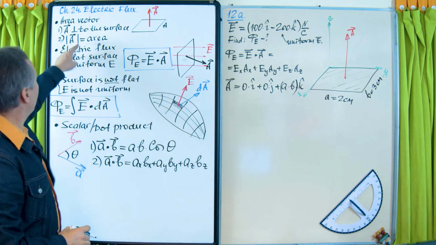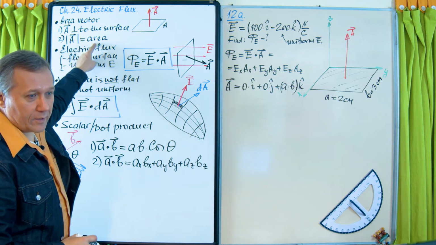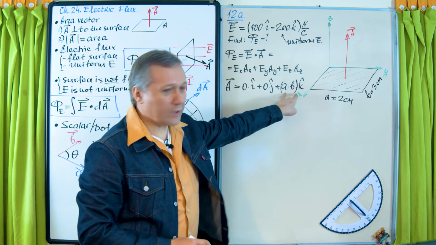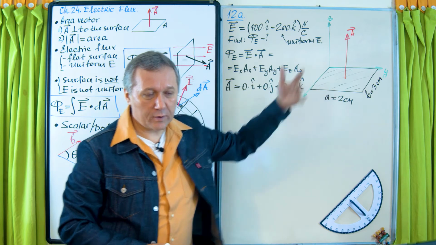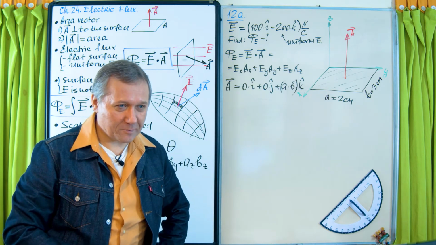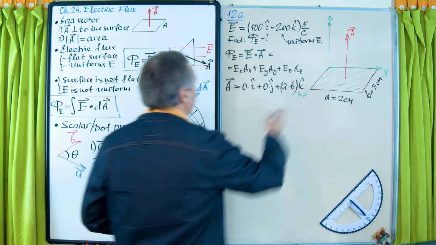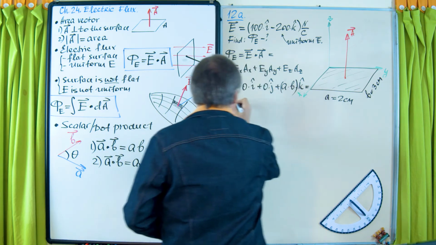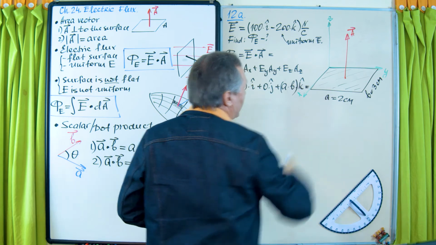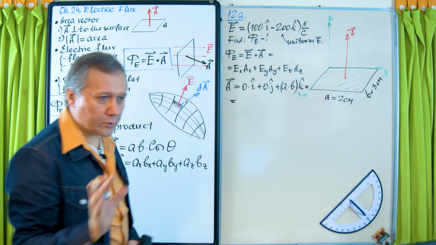You remember the absolute value of the area vector equals the area, so that's why I wrote A times B. Okay, we can actually calculate this A times B. Again, don't forget to convert to meters.